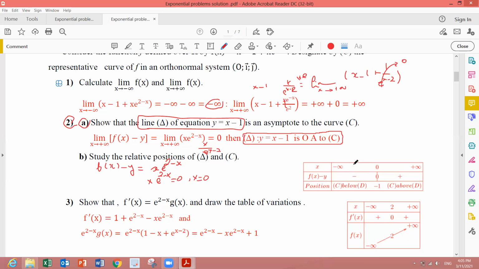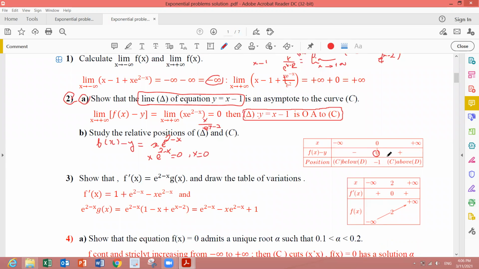Table, from minus infinity to plus infinity: f of x minus y is 0 at 0. x before 0 is negative, after it is positive. Negative, we say C is below delta. Positive, C is above delta. This means C cuts delta at the point (0, minus 1).